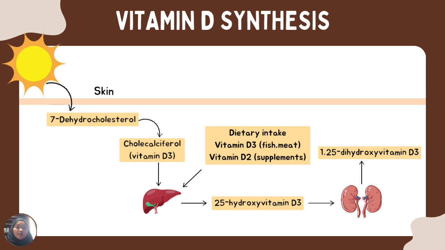The vitamin D3 produced in the skin, or obtained from dietary sources like fish, meat, and supplements, will travel to the liver and be converted to 25-hydroxyvitamin D3. Then 25-hydroxyvitamin D3 will move to the kidney and be converted to 1,25-dihydroxyvitamin D3, which will be released into the bloodstream to maintain the calcium balance in our body.